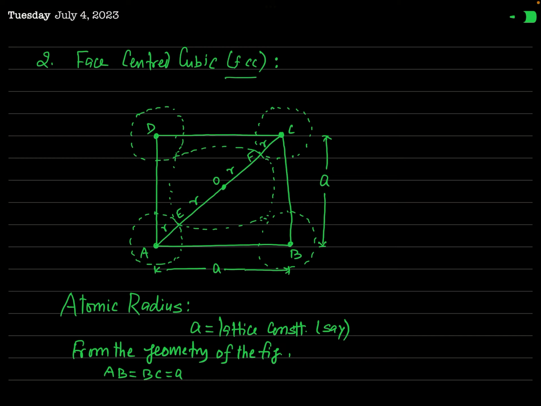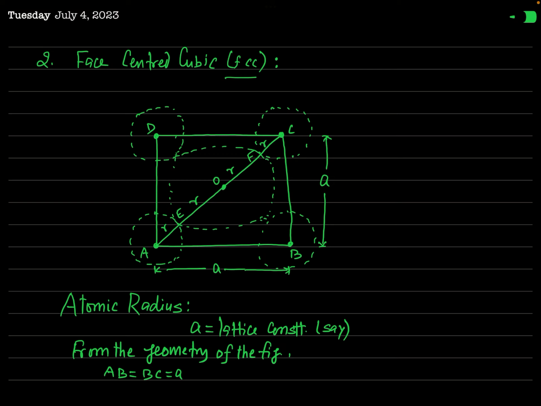Again, I have not shown the complete unit cell here, only a simplified figure so that we can easily understand the calculation of these two parameters. I have shown only one face of the cube, which is ABCD.